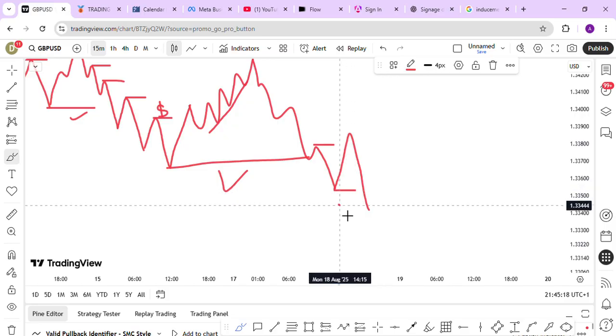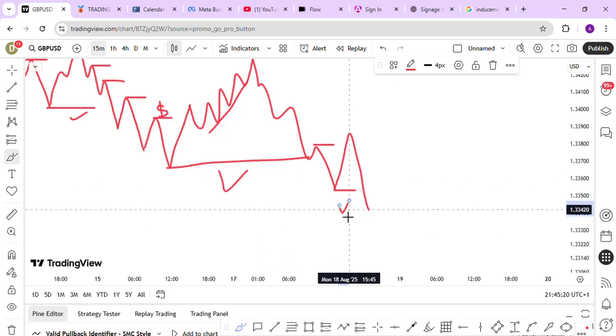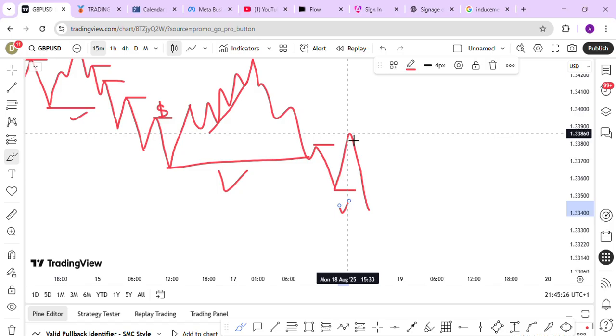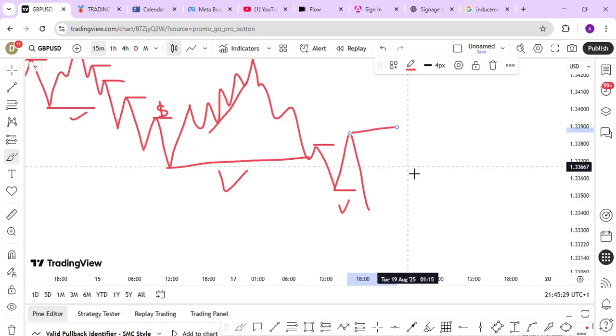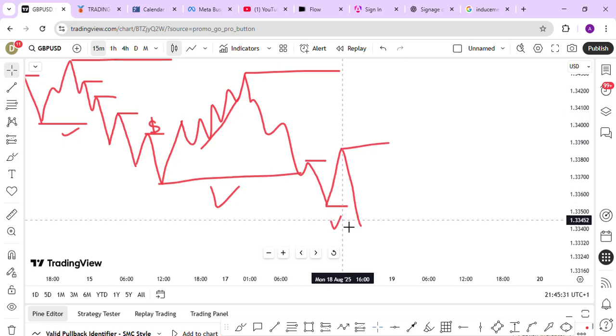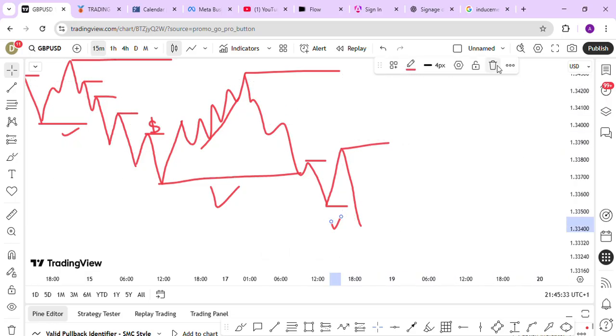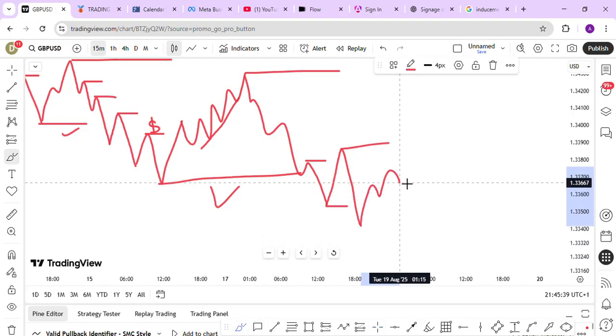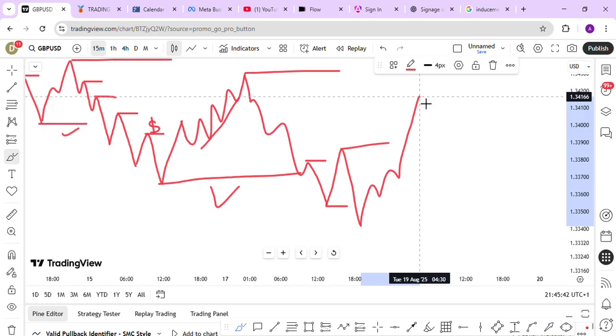Yes, this is also valid, but this structure is not complete, because the market does not have an inducement. So automatically this high will serve as the inducement. It means that this level is not yet confirmed as a break of structure, because you can see a situation whereby the market will go back and take out this level, then drop.